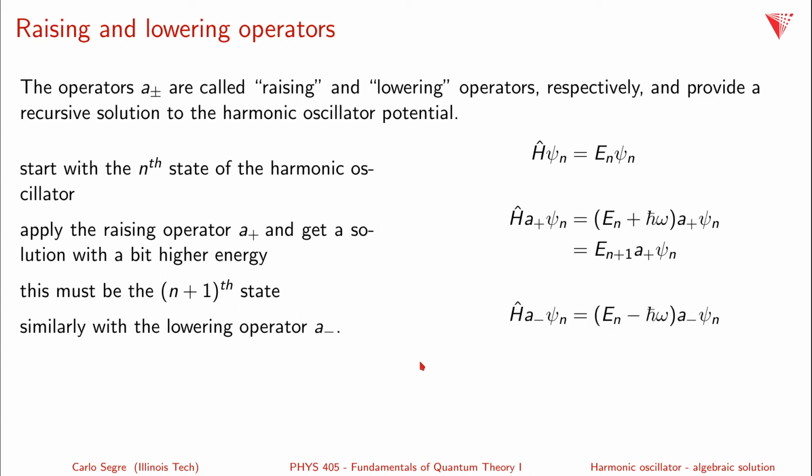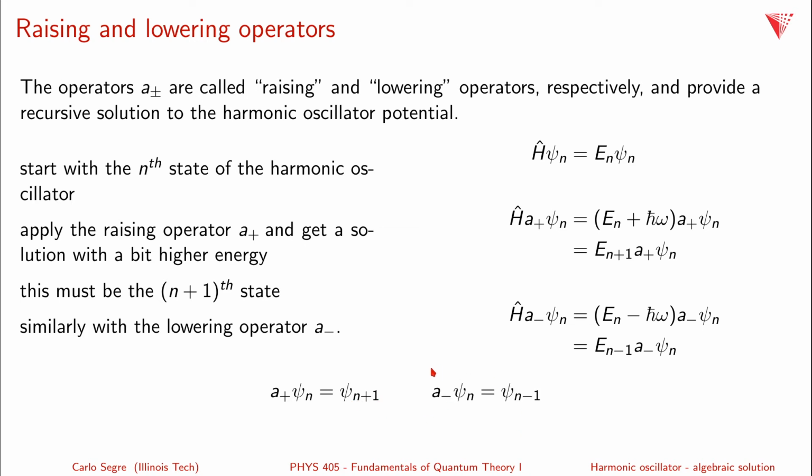The same thing with the lowering operator. If I apply the lowering operator to the nth state, then it's going to reduce the energy by h bar omega, and that would be the E sub n minus 1 state times a minus psi sub n. So we can write that the raising operator gives you psi n plus 1, the next state up.